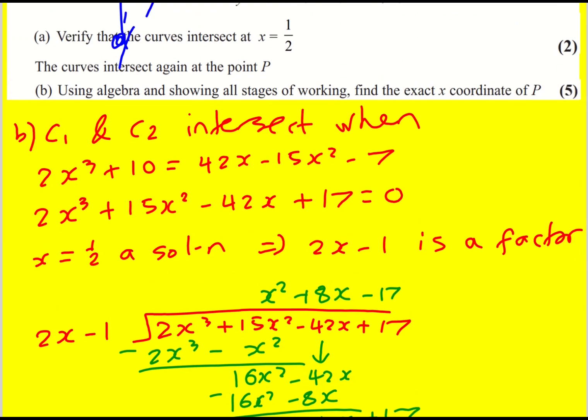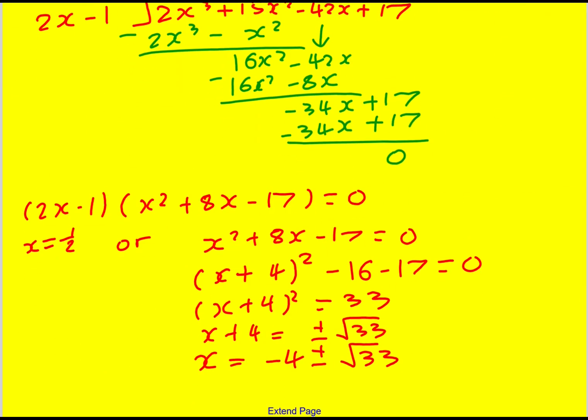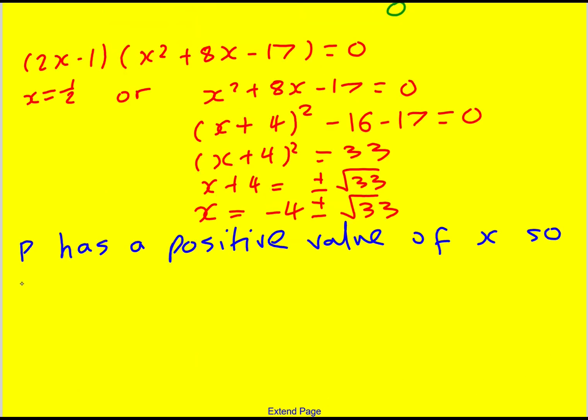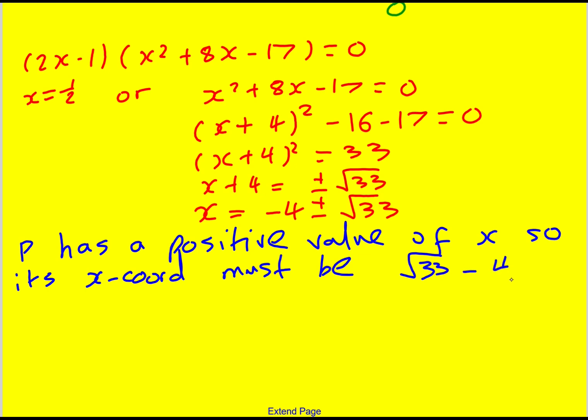So it has a positive value of x. So its x coordinate must be minus 4 plus root 33, or root 33 minus 4.